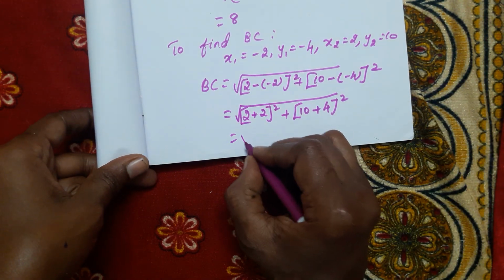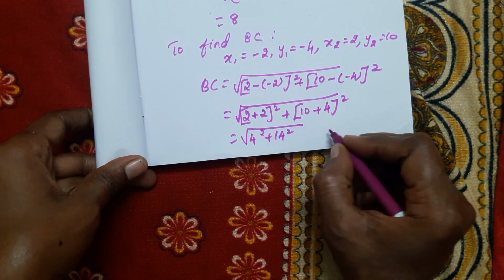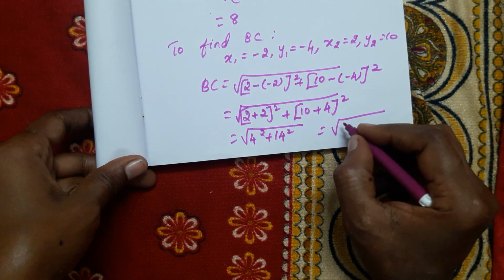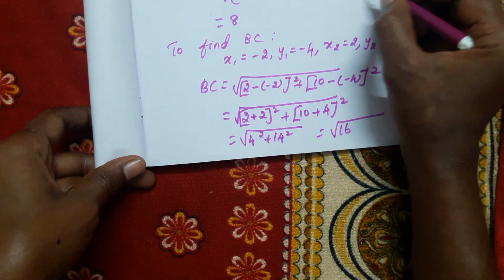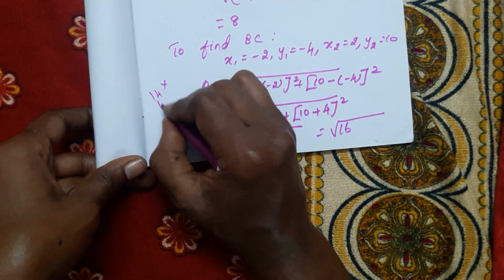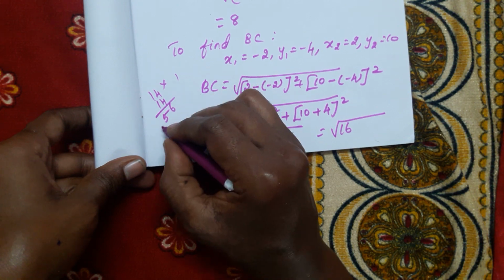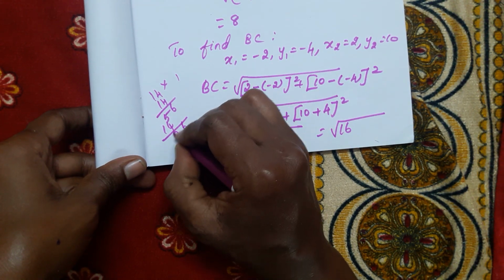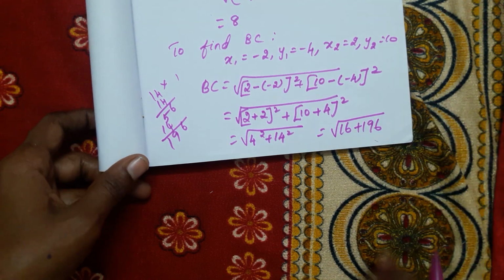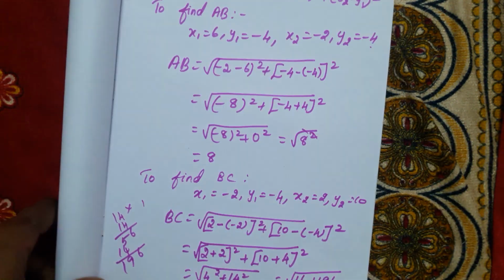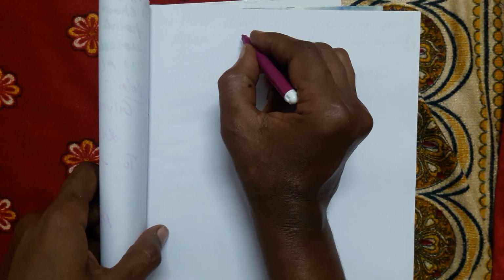It's equal to root of 4 square plus 14 square. What is 4 square? 4 square is equal to 16. 14 square is 196. 16 plus 196 is 212.